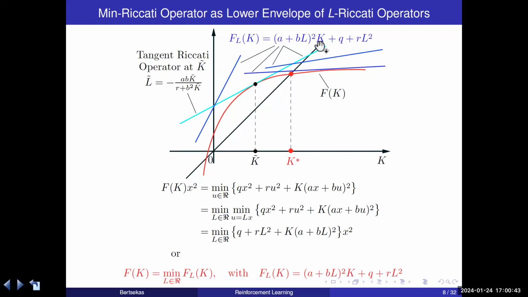And that lowest line, this one here, has to be tangent, okay? So this lowest line, which defines the value of the min-Riccati operator, is a linearization of the min-Riccati operator. And that's going to be important for what's coming.